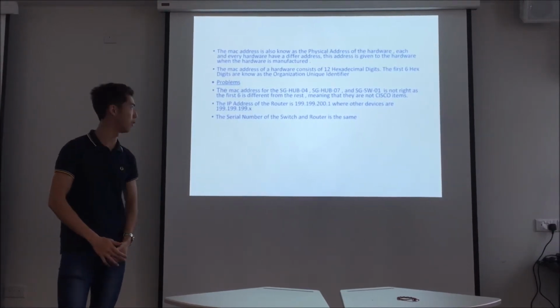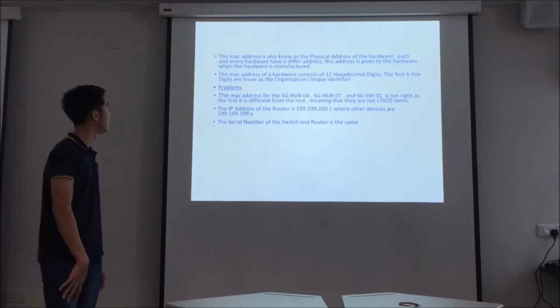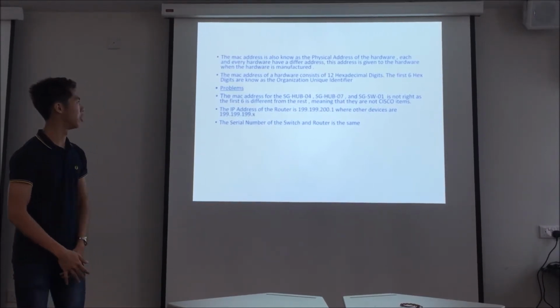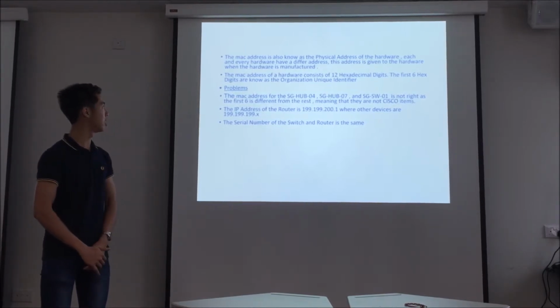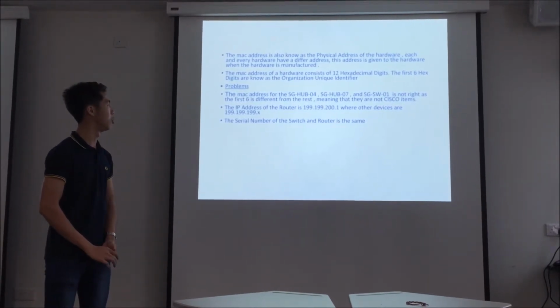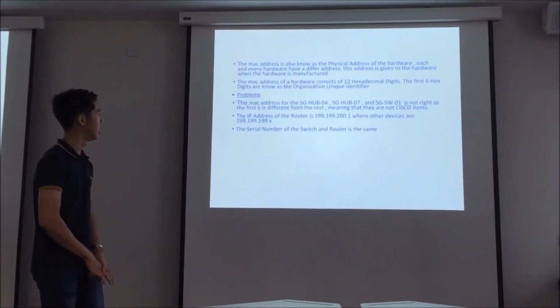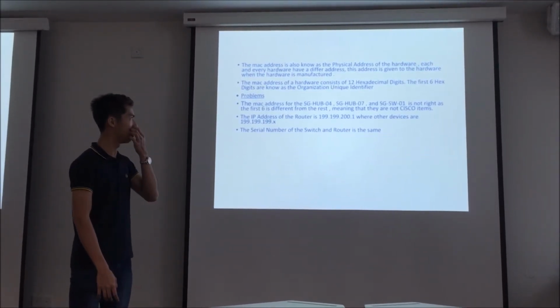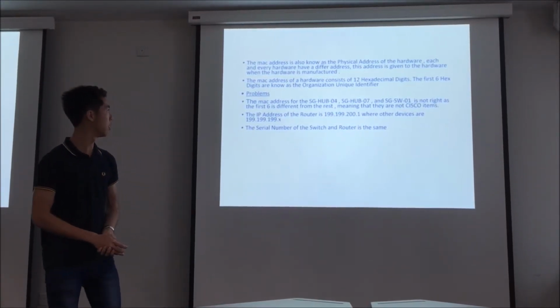This address is given to the hardware when the hardware was manufactured. The MAC address of the hardware consists of 12 hexadecimal digits. The first 6 digits are also known as the OUI, or the Organizationally Unique Identifier. That means the first 6 digits of the same company's devices are supposed to be the same.